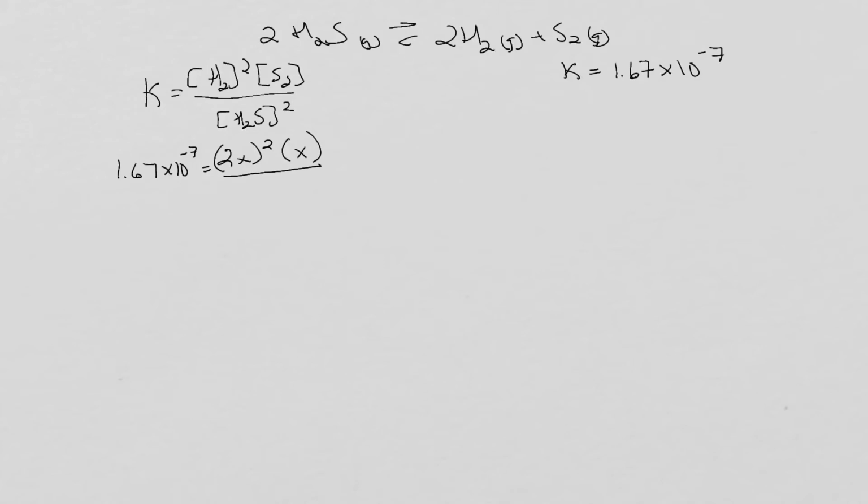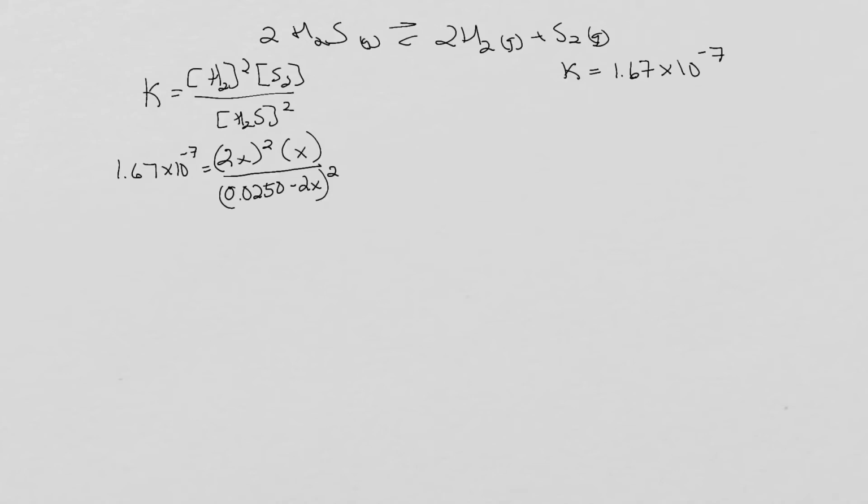And H2S was 0.0250 minus 2x, squared. So we have our equilibrium expression, and our goal now is, of course, to solve for x.